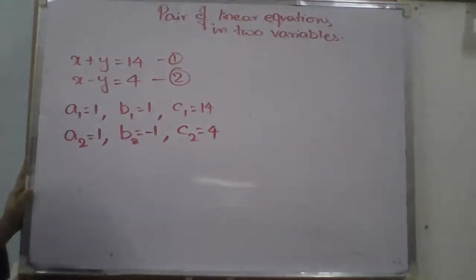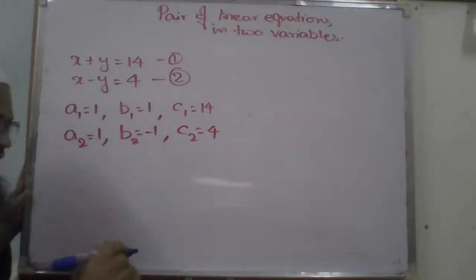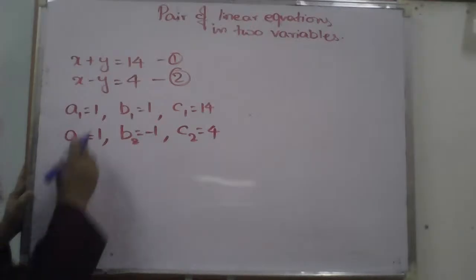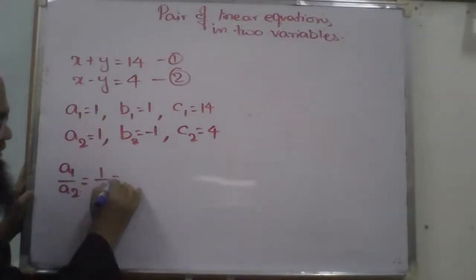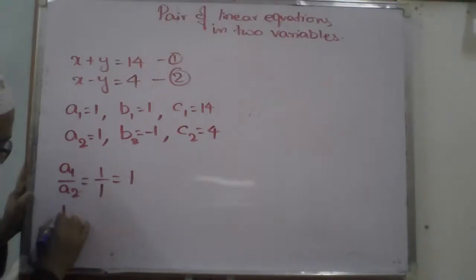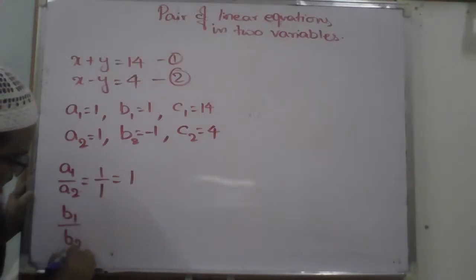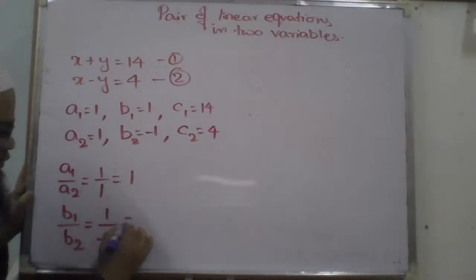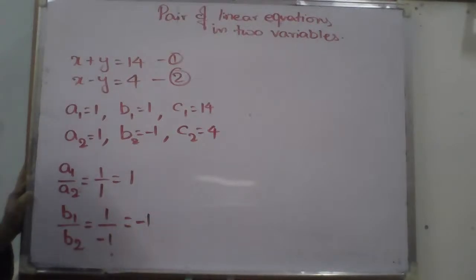Is it right? So now first find a1 by a2. What is a1 by a2? 1 divided by 1, that is equal to 1. After that, find b1 by b2. What is b1 by b2? 1 divided by minus 1 is equal to minus 1. Are they equal? No, they are not equal.